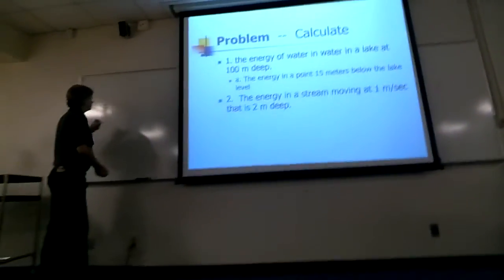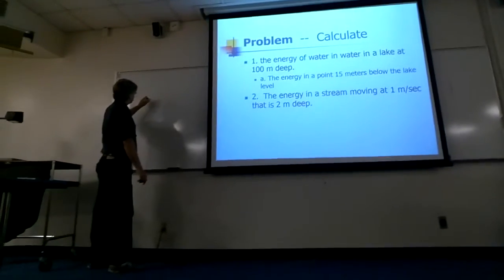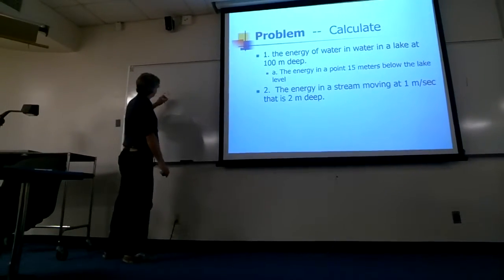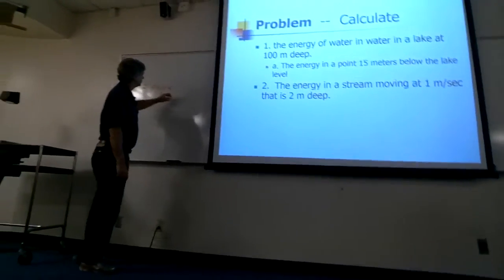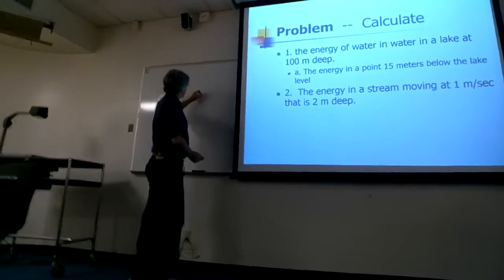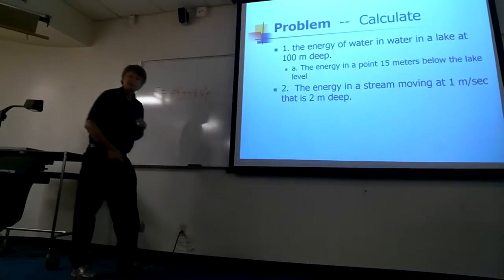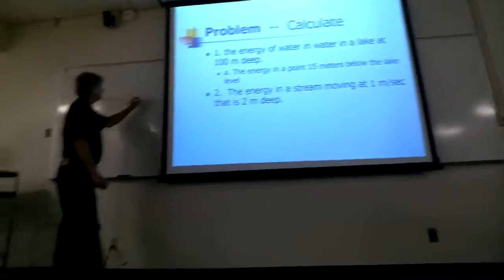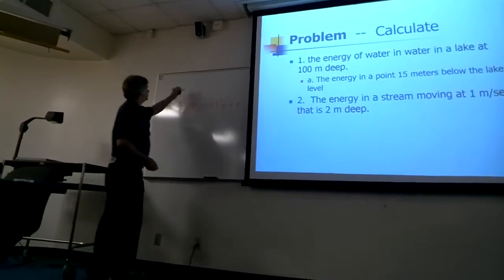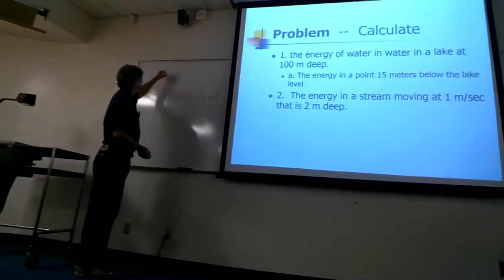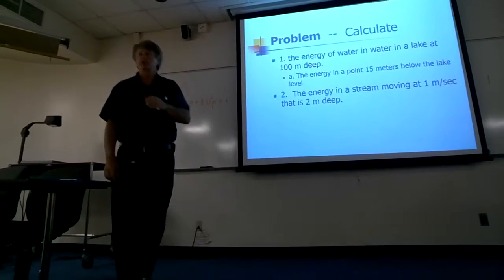The total energy in the fluid is equal to the density times the depth of the fluid times gravity, plus 1/2 times the velocity squared times the density of the fluid, kinetic energy, plus the pressure. So if we're looking at 1 cubic meter of water in a lake, what is the total energy in that water?